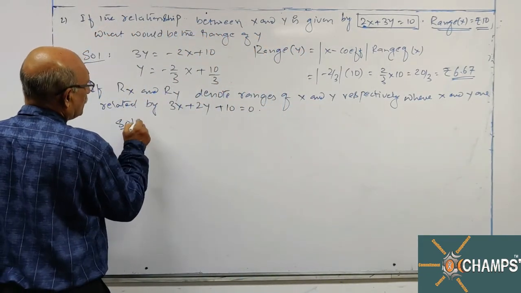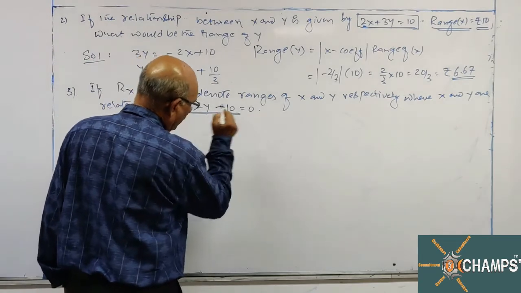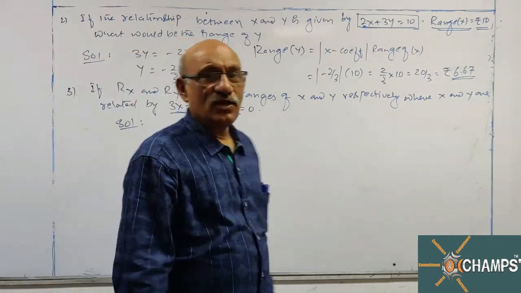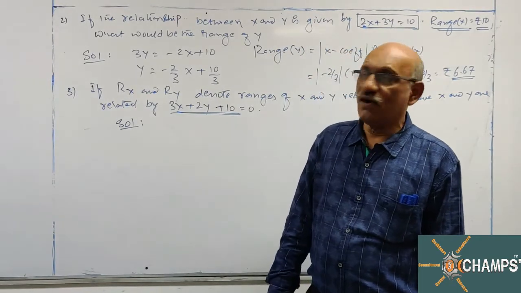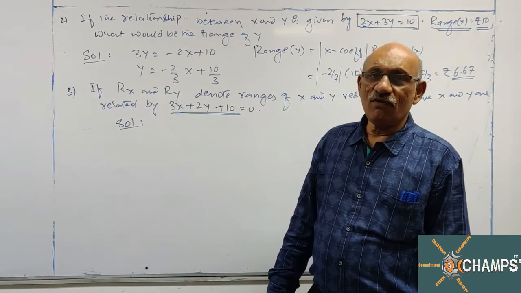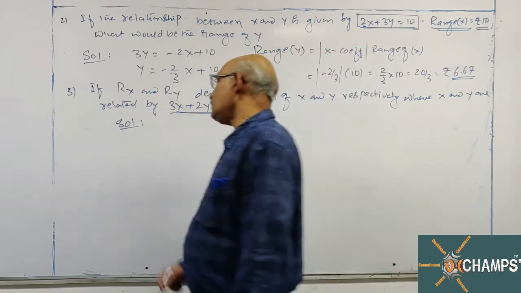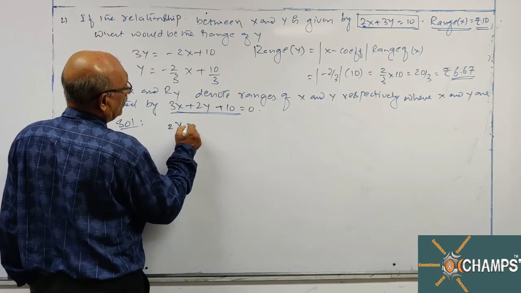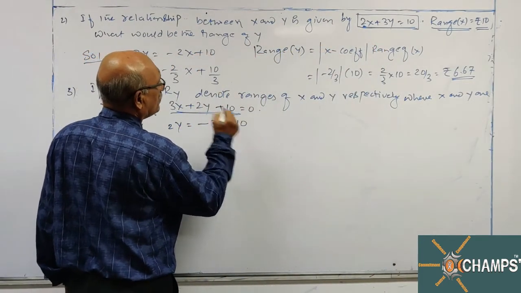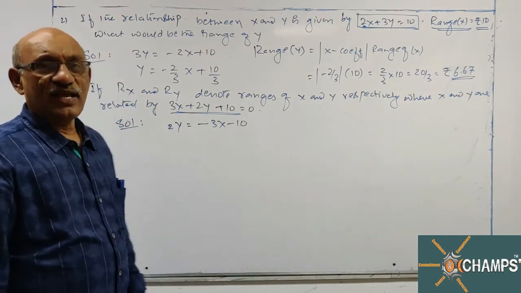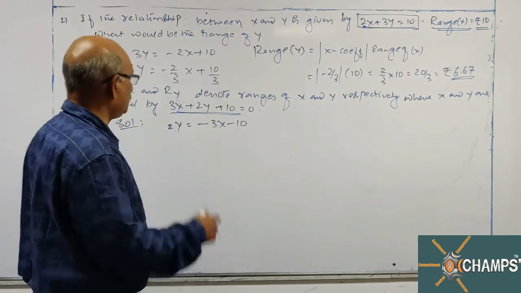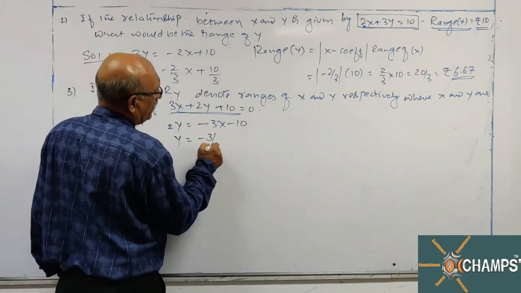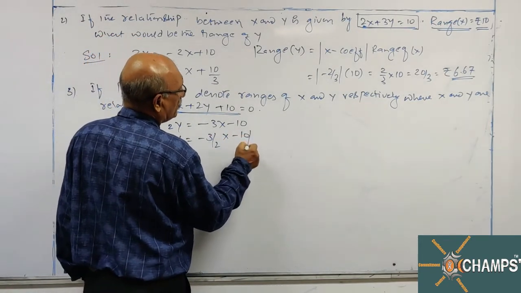See the solution. A line equation is given. Whenever a line equation is given, you have to use the property of change of origin and scale. So I'll write 2y is equal to minus 3x minus 10, treating x as the independent variable and y as the dependent variable. Y is equal to minus 3 by 2 into x minus 10 by 2.